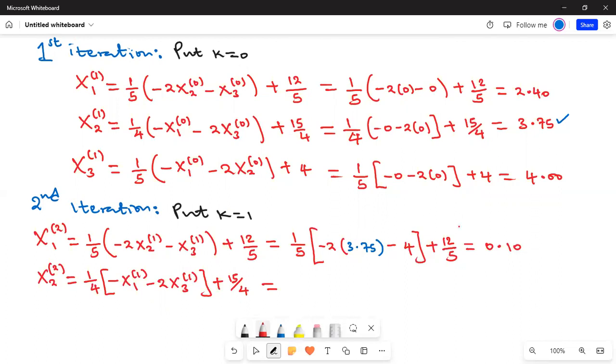Substitute, you're going to get 1 over 4 x1 at level 1, that was 2.4, minus 2 x3 at level 1, that is 4, plus 15 over 4. When you press again, you need to get 1.15.